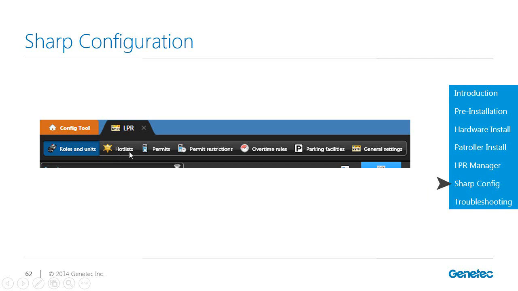So you'd go into the hot list section under LPR and configure those in there. You can create the entities. But if you are going to be doing city parking enforcement, you may need to have hot lists to search for stolen vehicles as well, you could have to have permits to know when somebody can park in a particular place, and you might have to have overtime rules to know how long a vehicle can be in any particular spot.